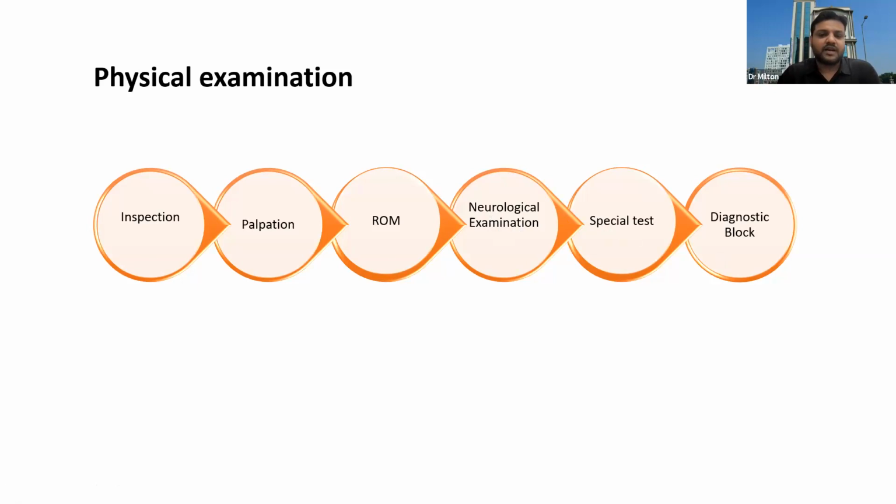We all know that for a diagnostic block we use local anesthesia, like lignocaine or bupivacaine. So we give this local anesthesia to the structure we think may be our pain generator. Suppose there are 4-5 pain generating structures, but with inspection, palpation, range of movement, and special tests, we conclude this one or that one may be the pain generator.